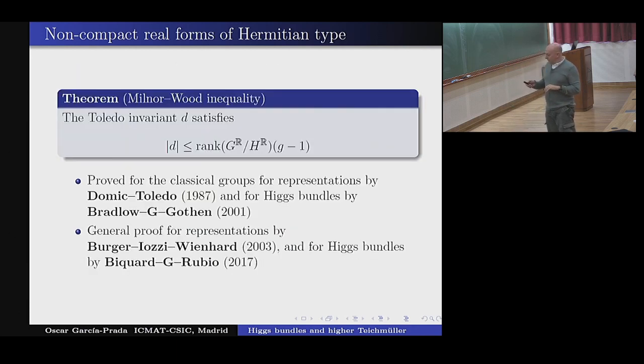And so, like in the case of SL2R, where we have the Milnor inequality, there is this Milnor-Wood inequality that gives a bound on this integer in terms of the rank of the symmetric space, or the rank of the real group, and the genus of the surface minus 1. This is proved by different methods, and I mentioned this yesterday. So we have this Milnor-Wood inequality.